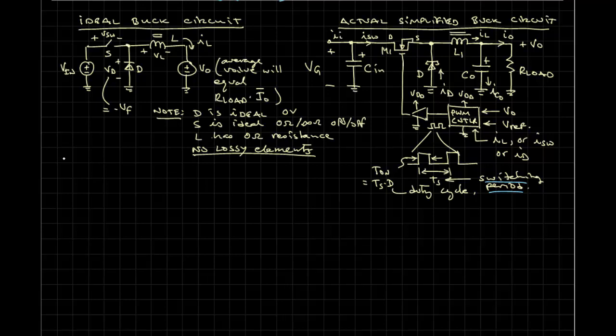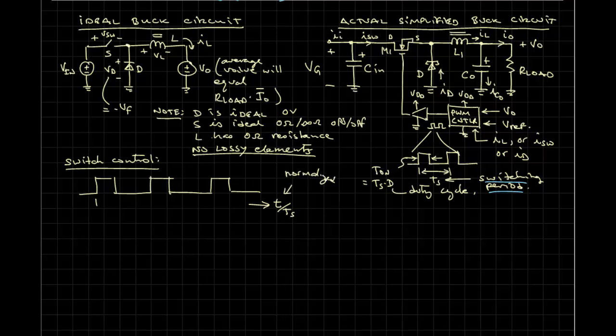Okay, we also need to define the switch control. So we will turn on for a period and then off for a period. And the way I'm going to define this is the period is actually T_S, but I'm going to plot this as t over T_S, so it's going to be normalized. I think it'll be beneficial, at least initially here, as one view of how to look at these waveforms.